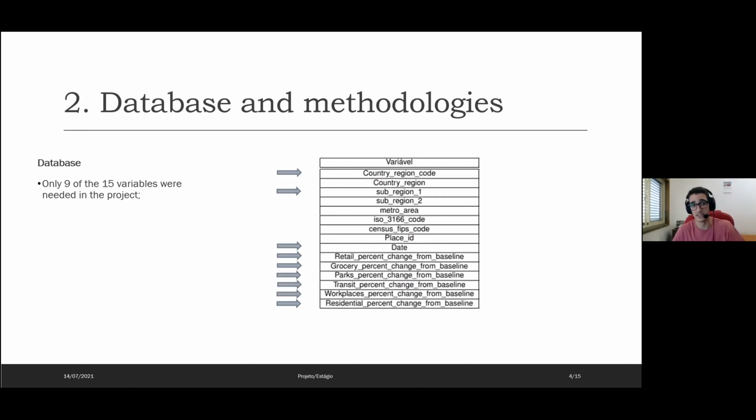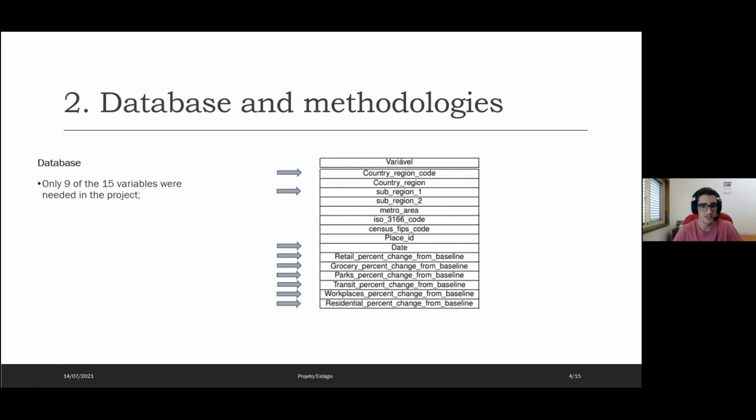Before starting, the database used. This database was made available by Google through Google Mobility Reports, where Google collects information through the location feature of Android systems. Only 9 of the 15 variables were needed in this project. The first one was the country region code, a little code that identifies the country. The next variable was subregion 1, which shows the districts of the country.